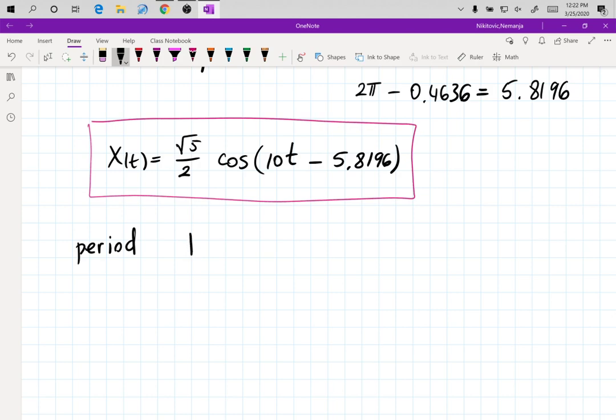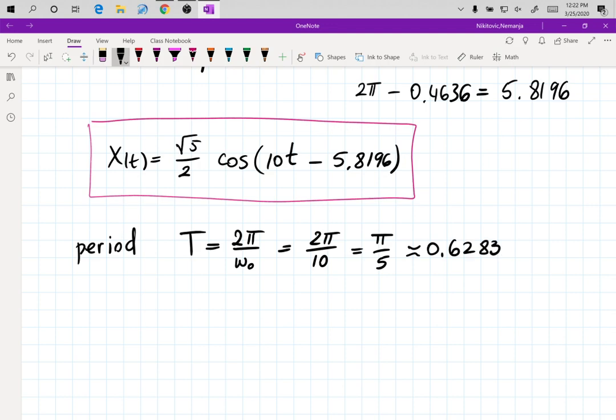Period T is going to be 2 pi over omega 0. In our case, 2 pi divided by 10. That's pi over 5. And if you want the value for that, so that's going to be pi divided by 5, about 0.6283 seconds.